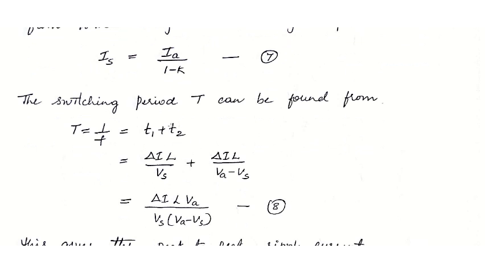Now, the switching period T can be found from T is equal to 1 by F, which can be written as T1 plus T2, which is our on time plus off time.